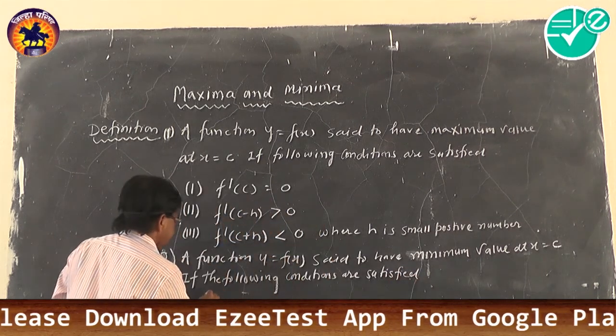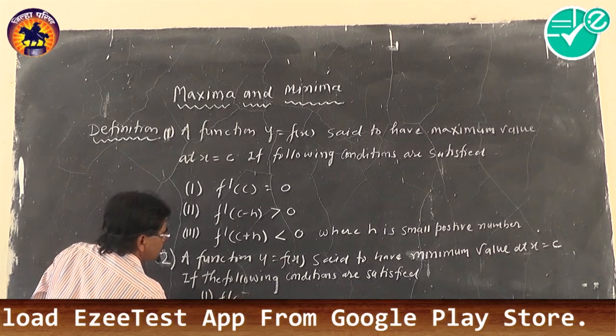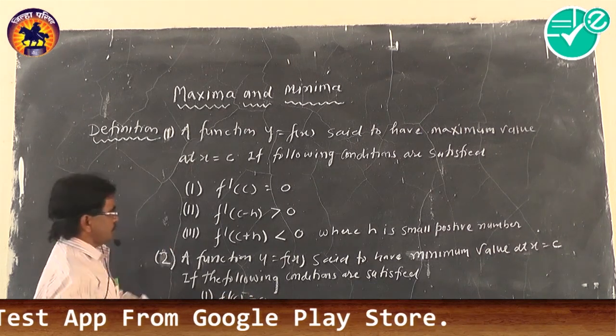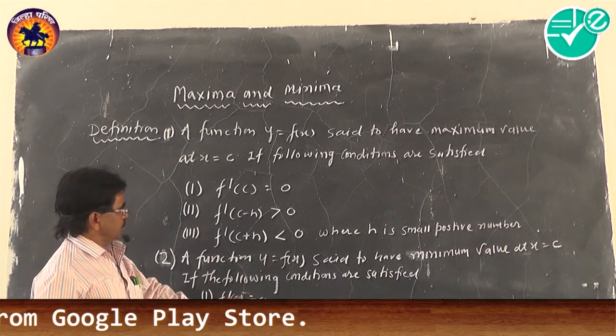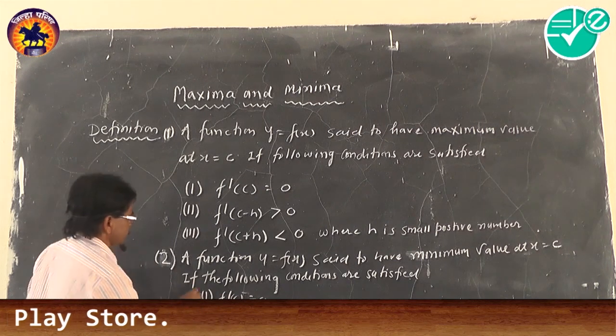That is number 1, f dash of c is again 0, means first derivative f dash of c at the point c is 0.